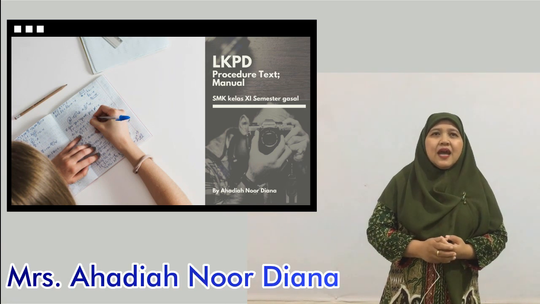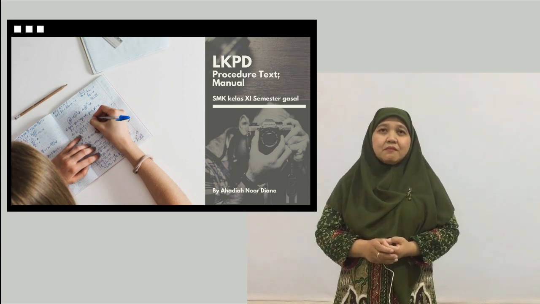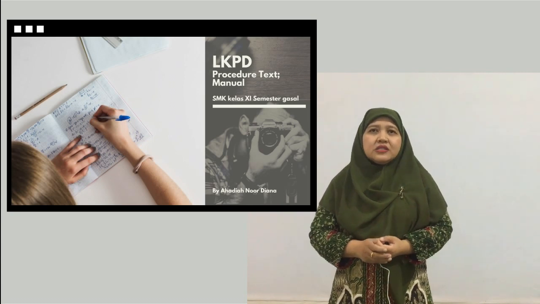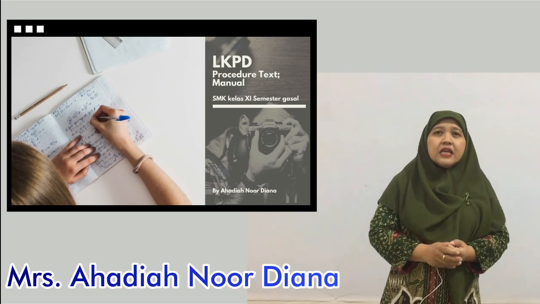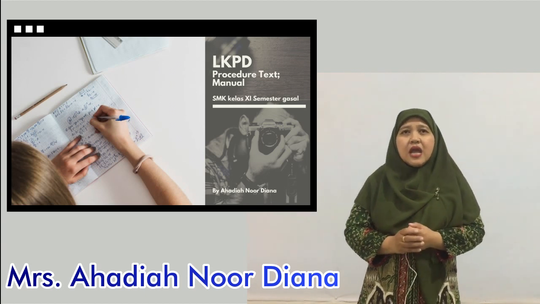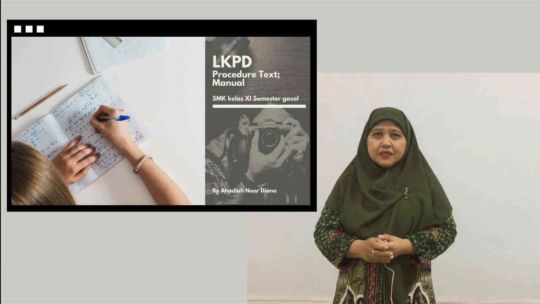Students, I will conclude our lesson today about procedure text manual. Procedure text manual is a book or pamphlet that contains explanation about how something should be done in sequence steps.